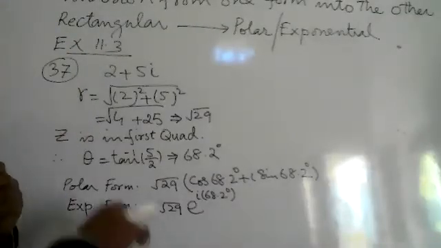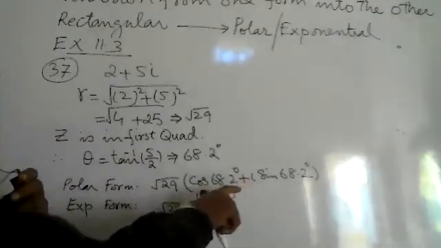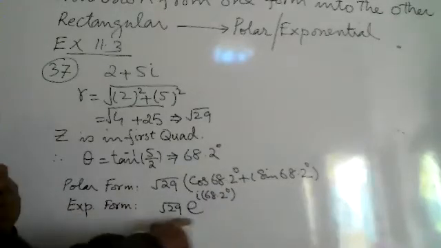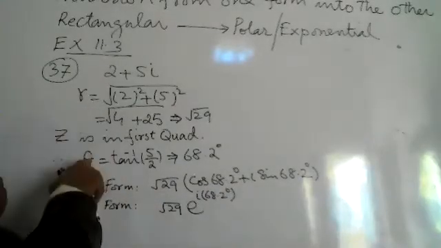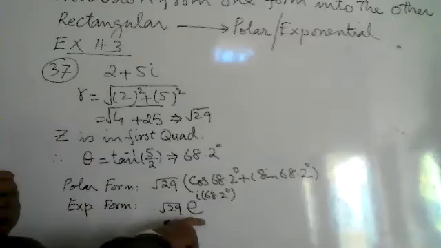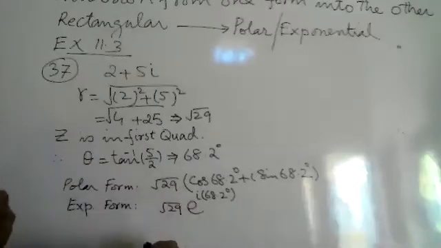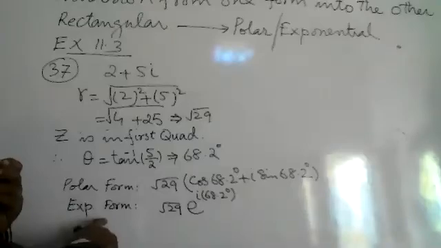If we are asked only for the polar form, we will write this one. If we are asked for the exponential form, we will write only this one. We will find r, we will find theta, but we will write only the exponential form. We will not write the polar form. If we are asked to write both forms, we will write both.